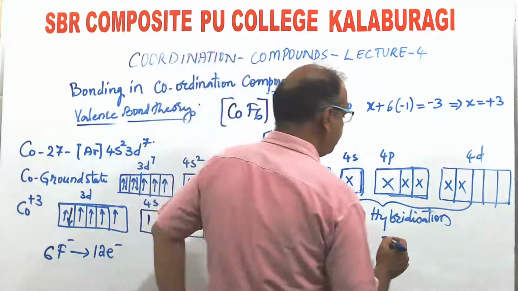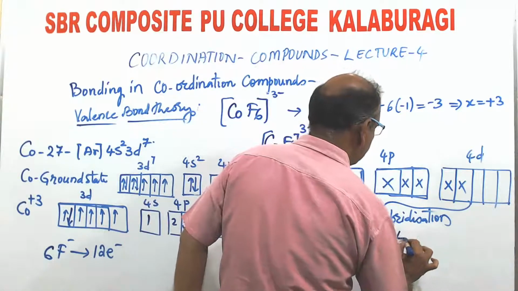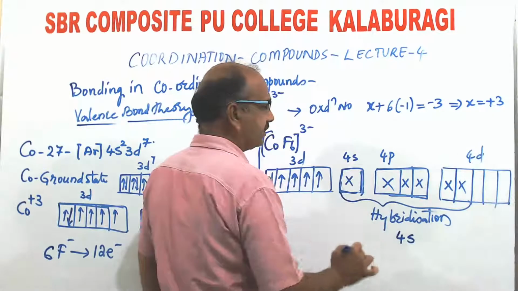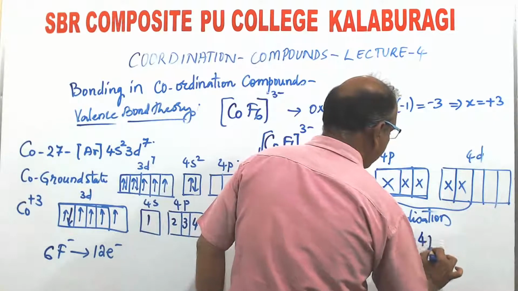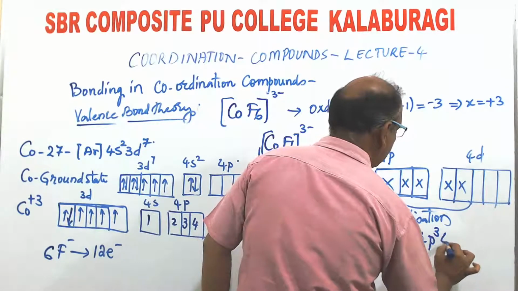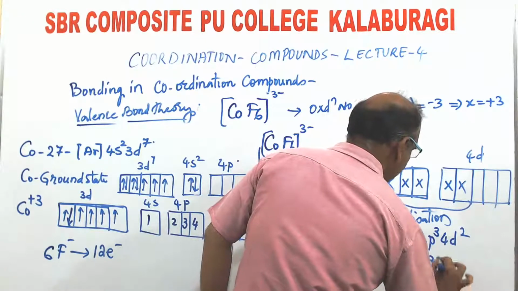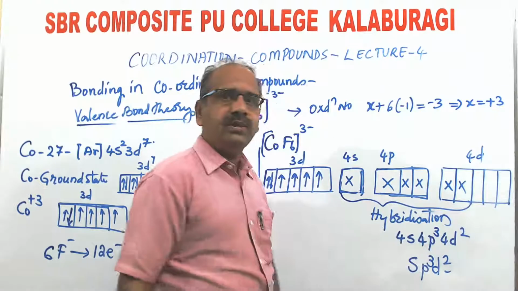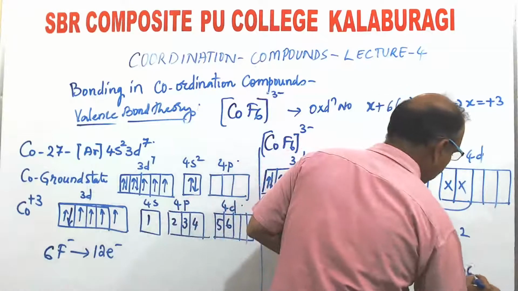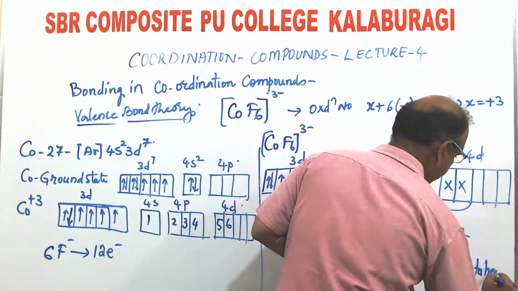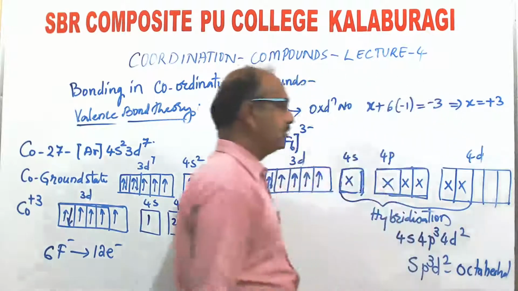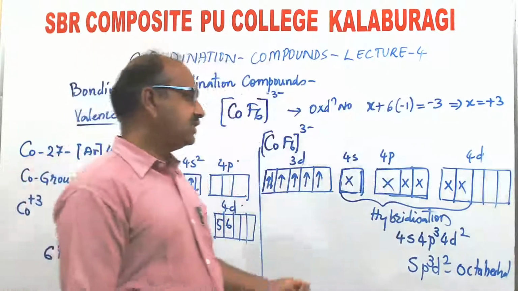So this hybridization is 1 4s orbital, 3 4p orbitals, and 2 4d orbitals. So it will be sp3d2. sp3d2 will also give rise to octahedral geometry.